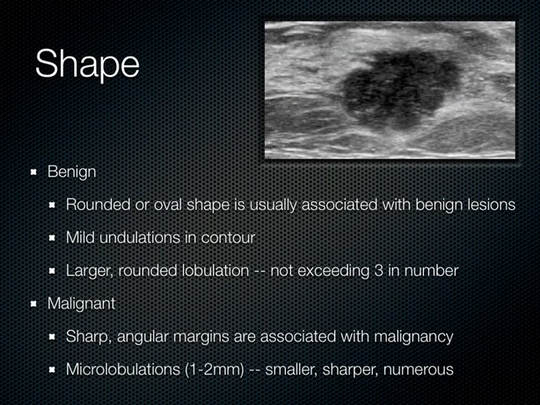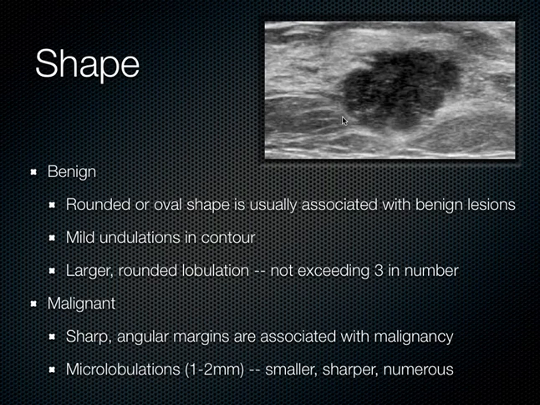The other thing about the mass is its shape. Now, a benign mass is very round or sometimes oval, and maybe you'll see some mild undulations in the contour of the mass. The lobulations sometimes can be large, but usually you don't have more than 3 big lobulations.